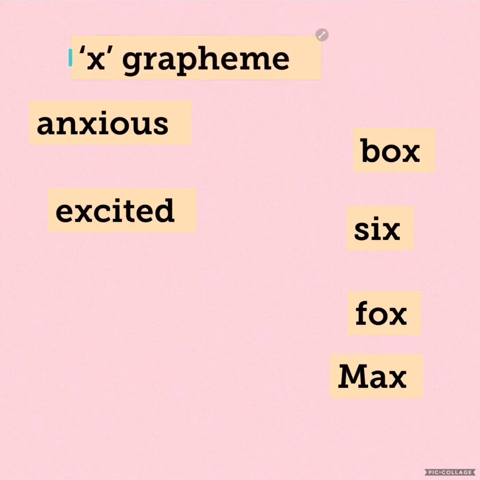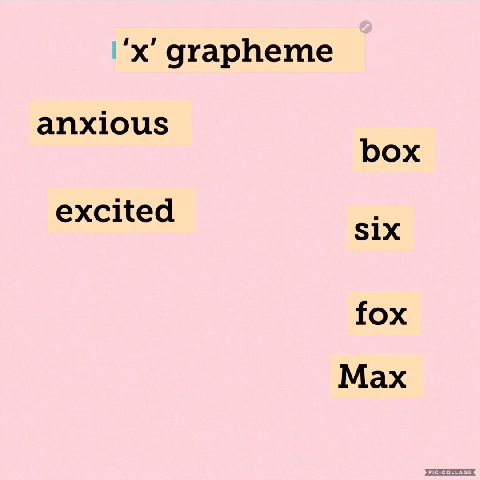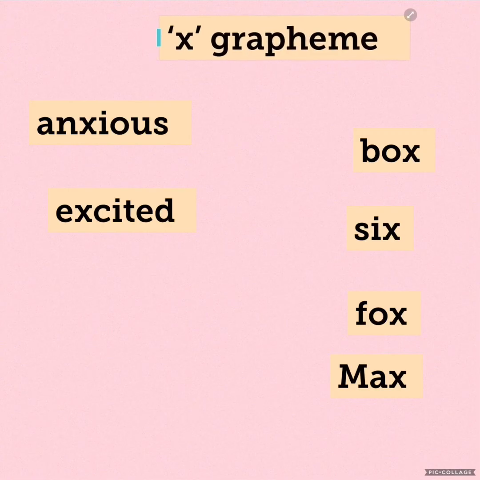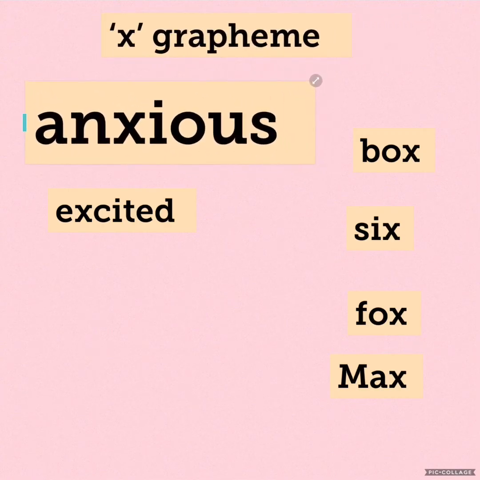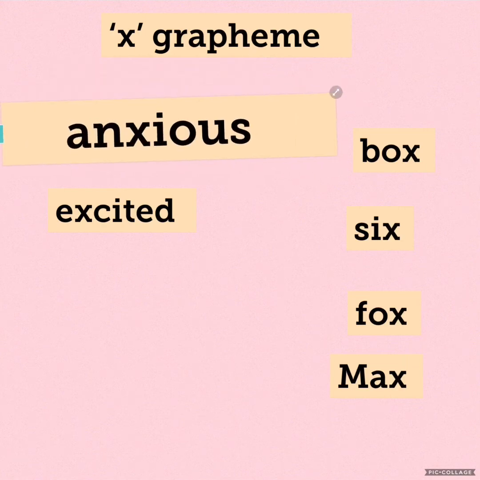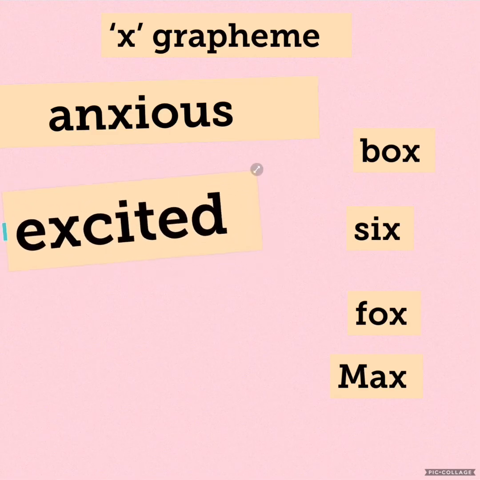Okay, the last grapheme we're going to look at to represent that K sound is the X grapheme. And X occasionally can represent that K sound. For example, in the feeling anxious, you can hear the K is represented by the letter X. Also the feeling excited.